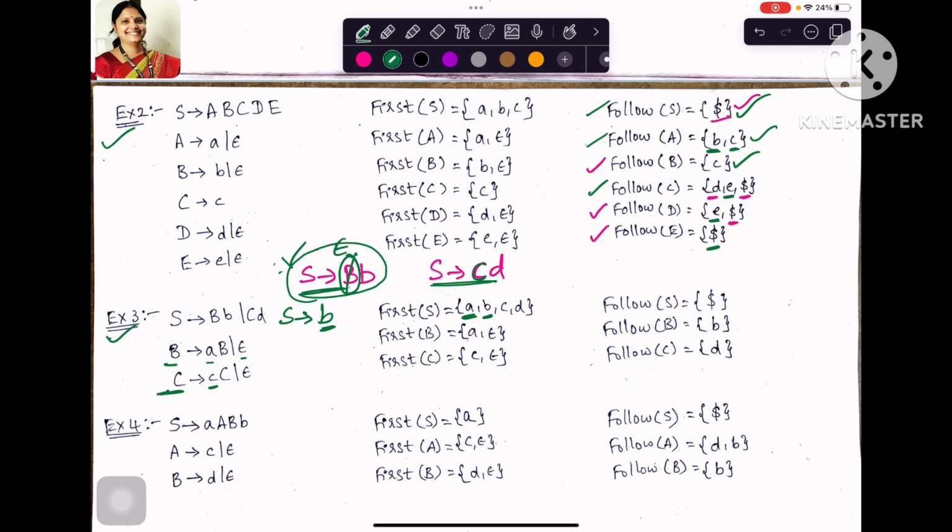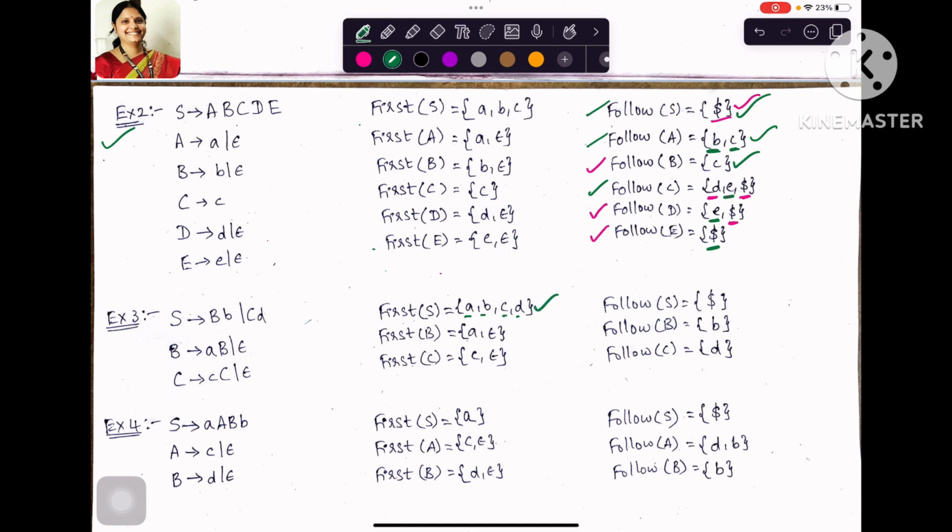So this is the first of C and epsilon is the other production. C can be written in the result, and epsilon will be substituted in the C value. So now the production will become S produces D. So the first of S will become D. So we will place D also here. First of S is A, B, C, D.